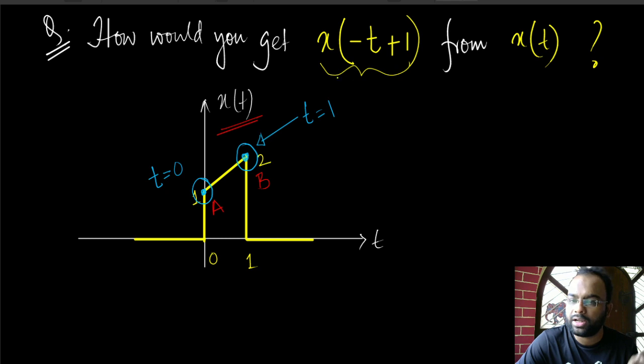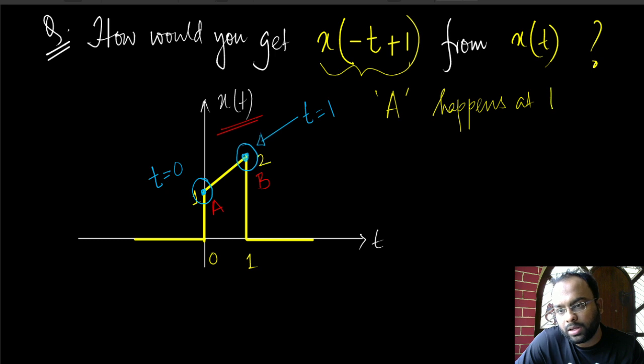With that said, we just need to figure out the time instances at which these critical points happen for x(-t+1), this new signal. So again, recall critical point A. Critical point A is happening at t equal to 0 for x(t).